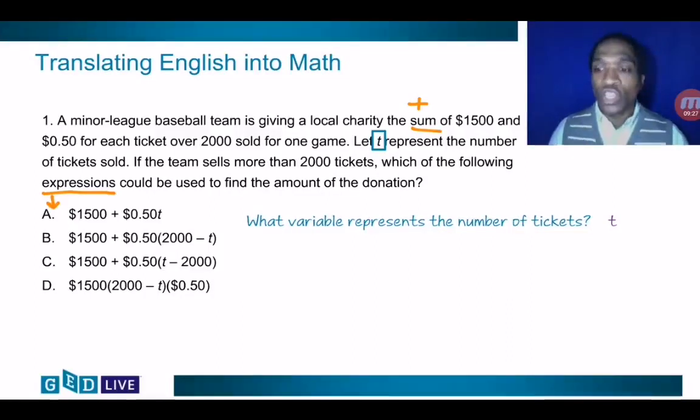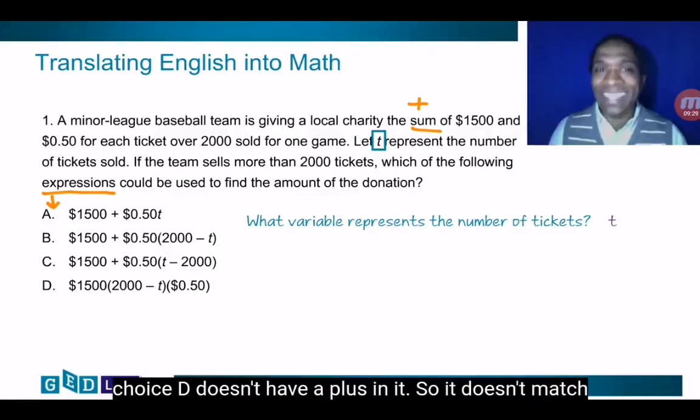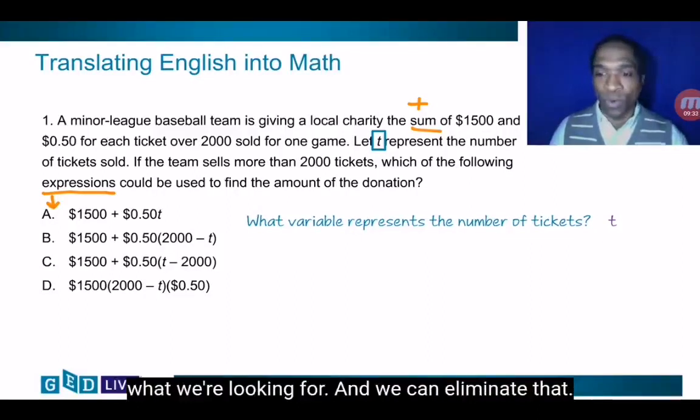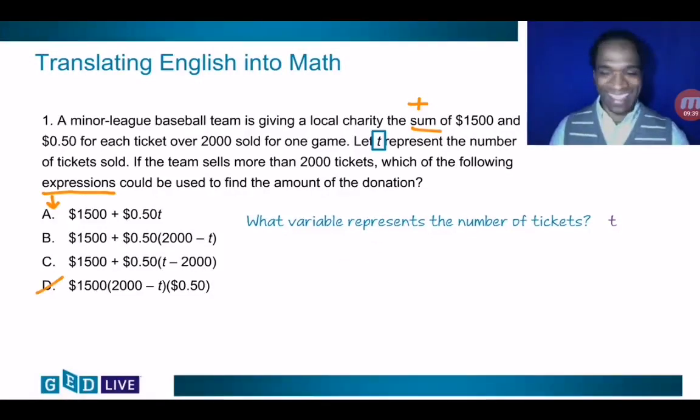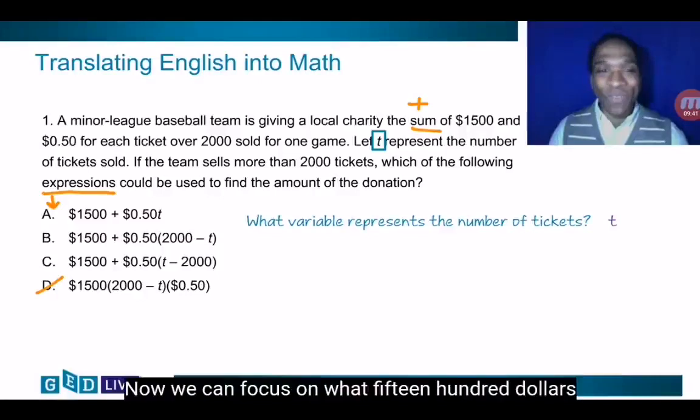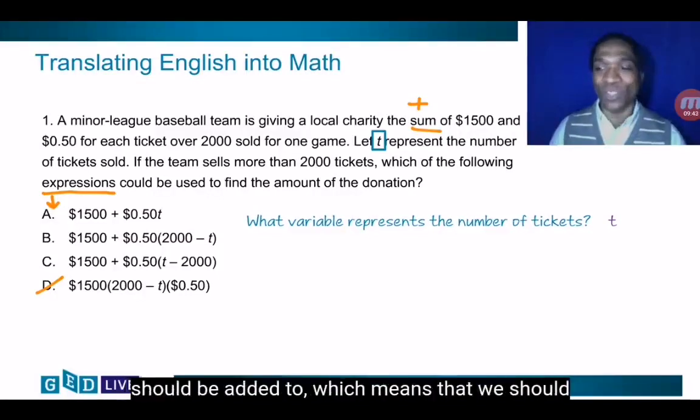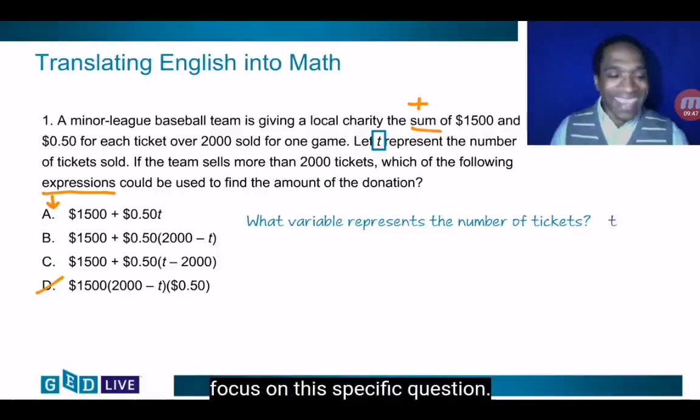However, choice D doesn't have a plus in it. So it doesn't match what we're looking for, and we can eliminate that. So let's get rid of D. Goodbye.